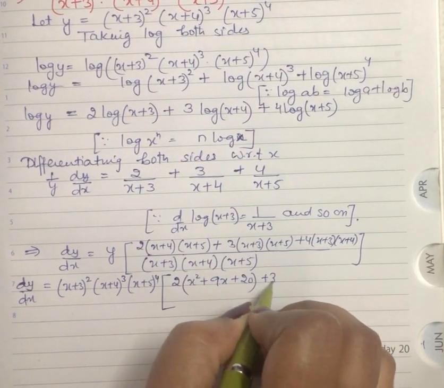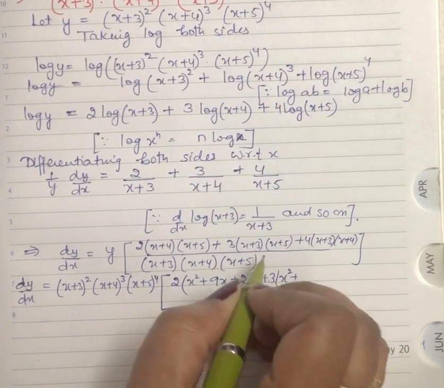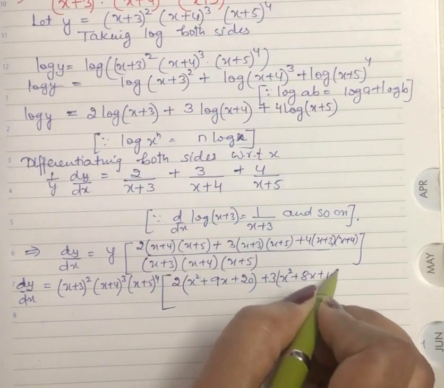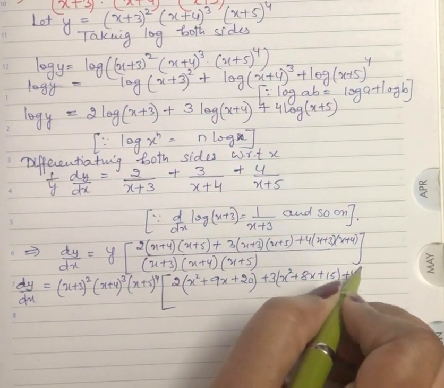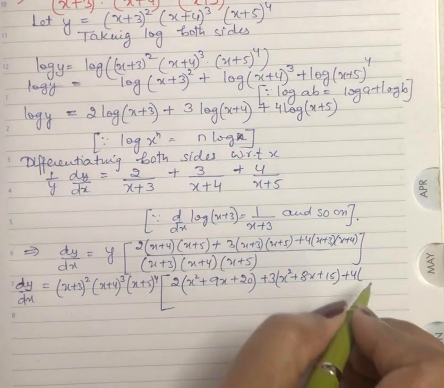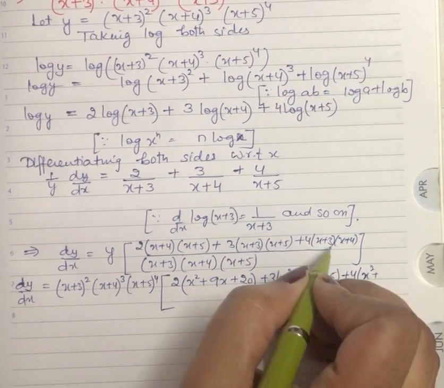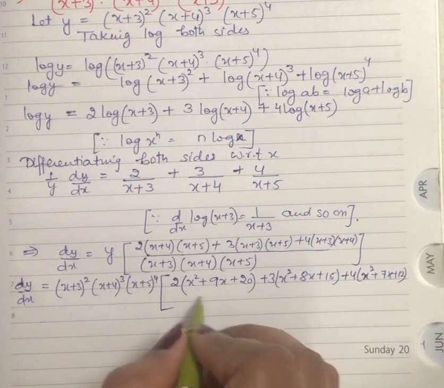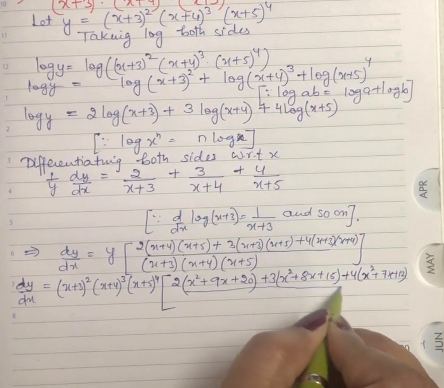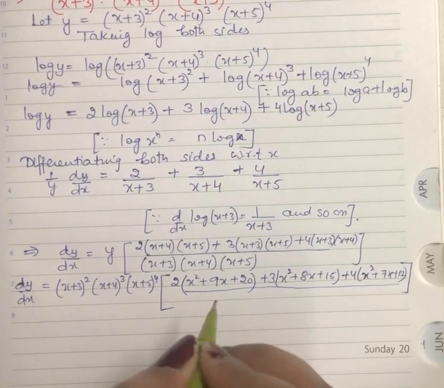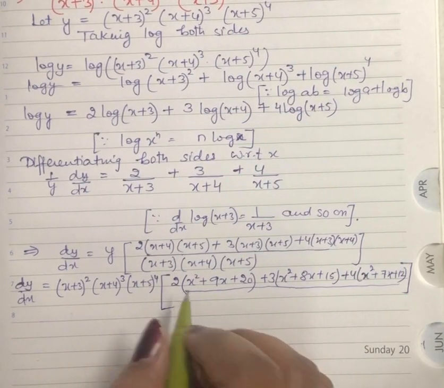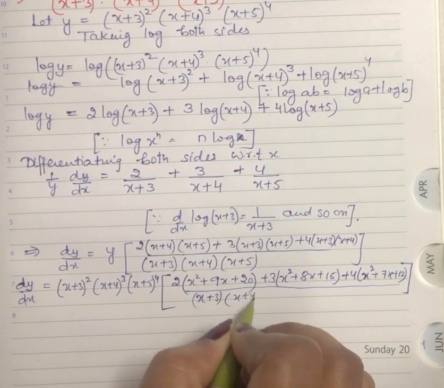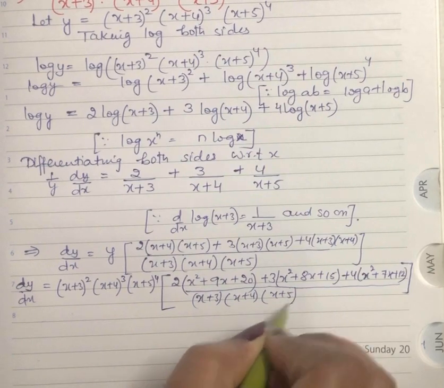Next will be 3 into (x square plus 3x and 5x will be 8x plus 15), and in the last 4 into (x square plus 3x and 4x is 7x plus 12), upon (x plus 3), (x plus 4) and (x plus 5).